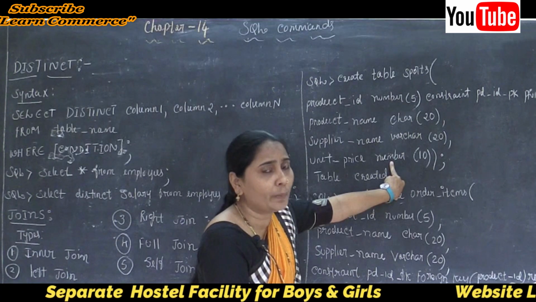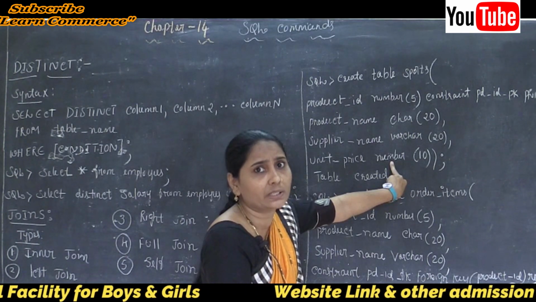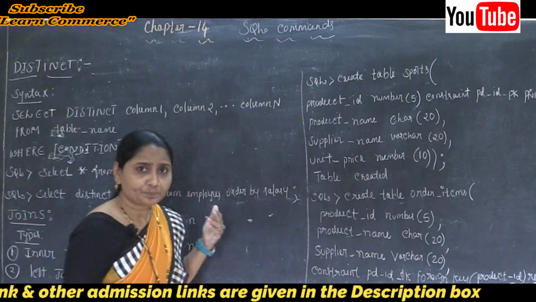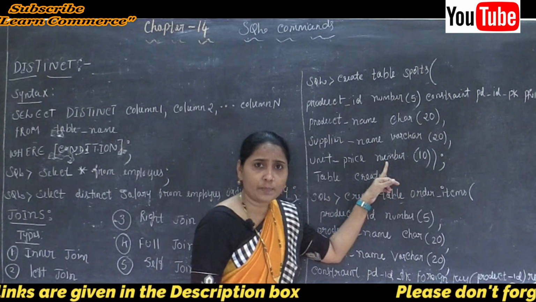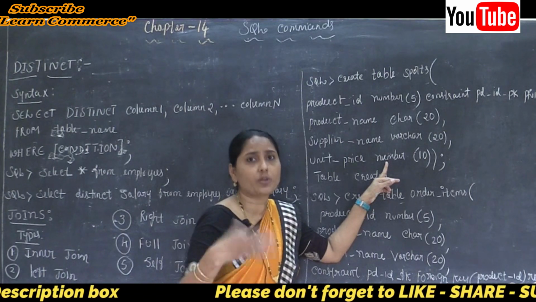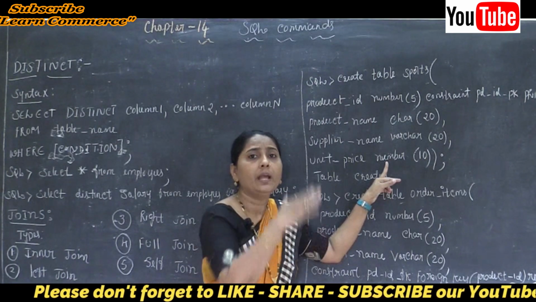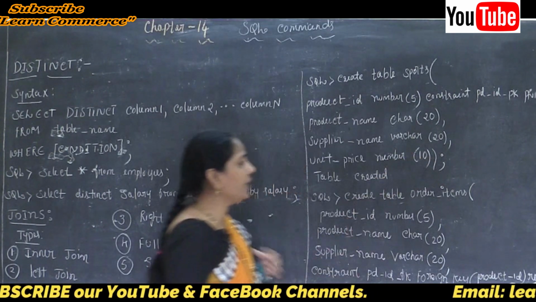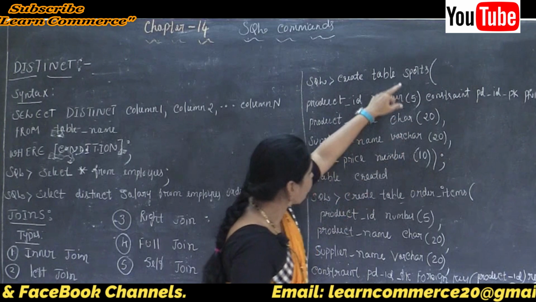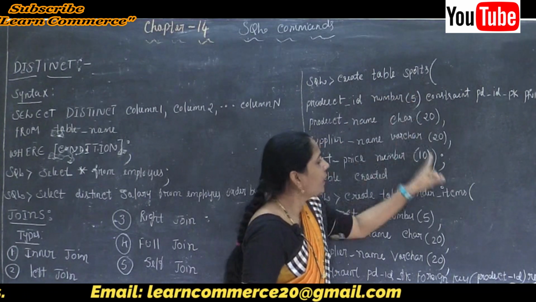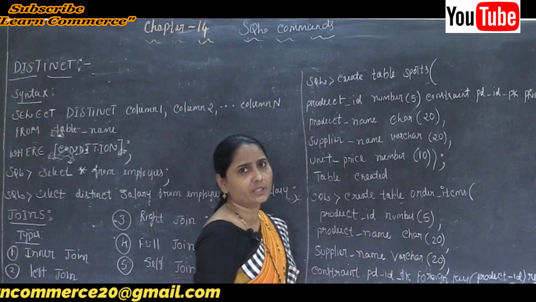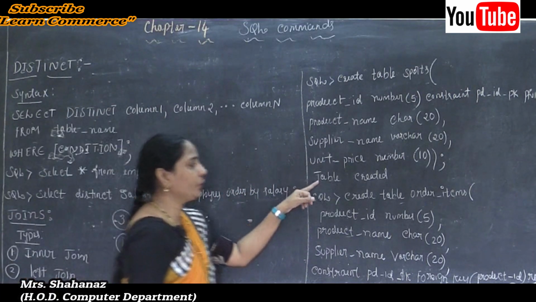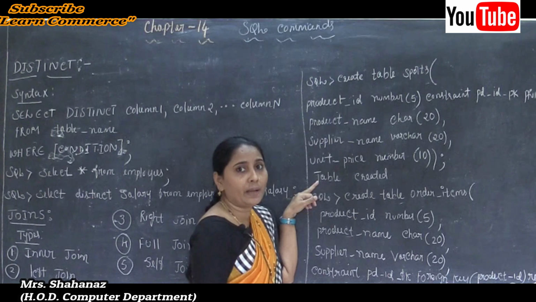That means for number we can use 10,000, 20,000, 30,000, like that for unit_price. If you are using decimal, you can use 10,000.00. Depending on the data type we can enter the value in each column, and size is 20. We opened this parenthesis bracket, so such bracket is going to be closed by using the semicolon. When you press the enter button, it is going to display the message: table created.